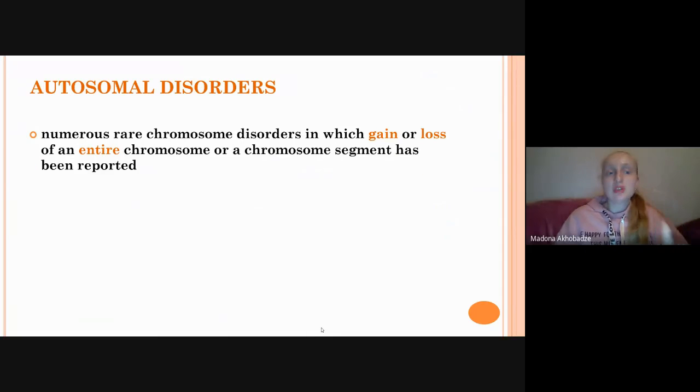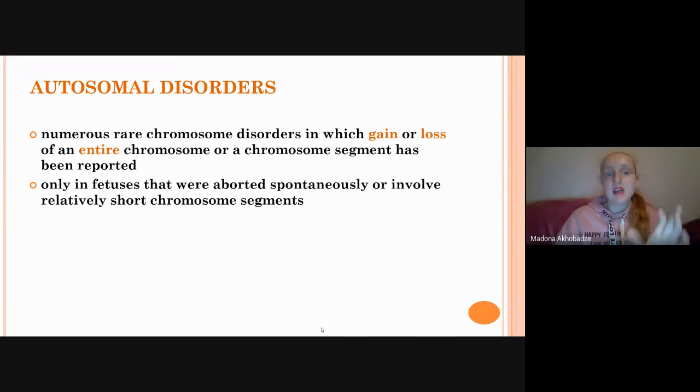Numerous rare chromosome disorders have been reported in which there is a gain or loss of an entire chromosome or a chromosome segment. So gain or loss of the whole chromosome or just its parts is a chromosome disorder.